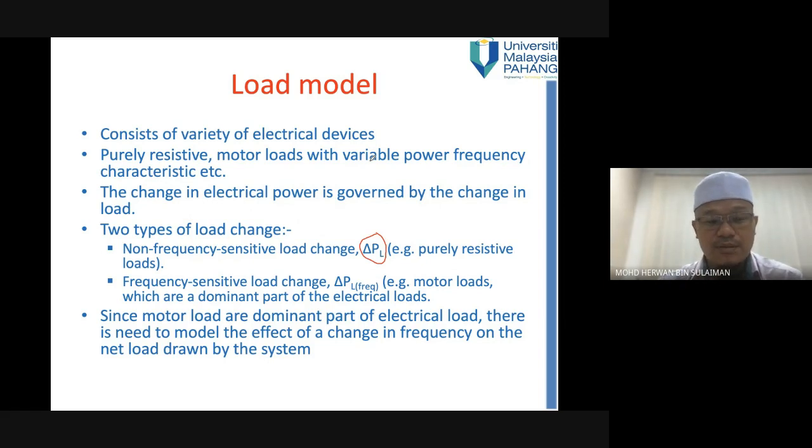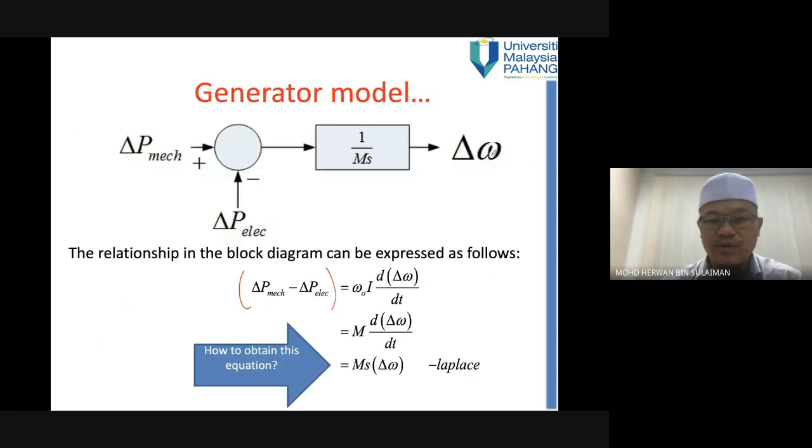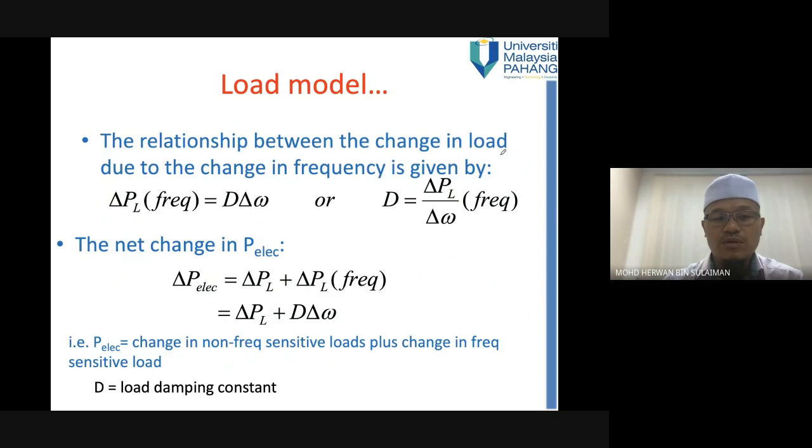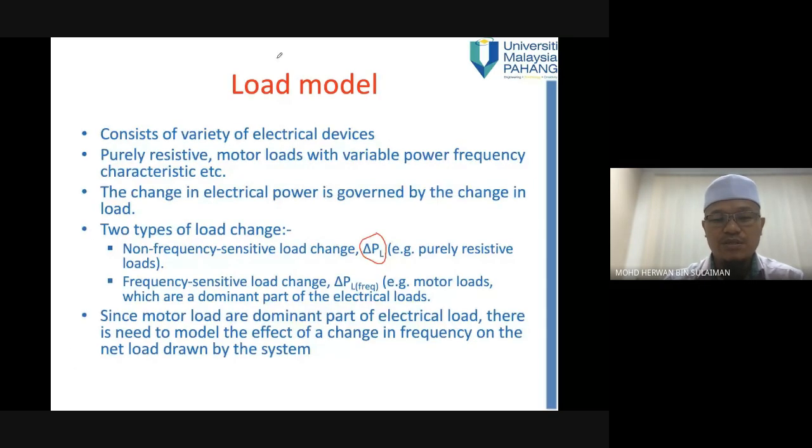That's why sometimes you have capacitive and also inductive, which reflects to the frequency. Since motor loads are the dominant part of electrical load, there is a need to model the effect of change in frequency. As you can see, your generator also has the effect of frequency here, so our load model also has frequency changes.